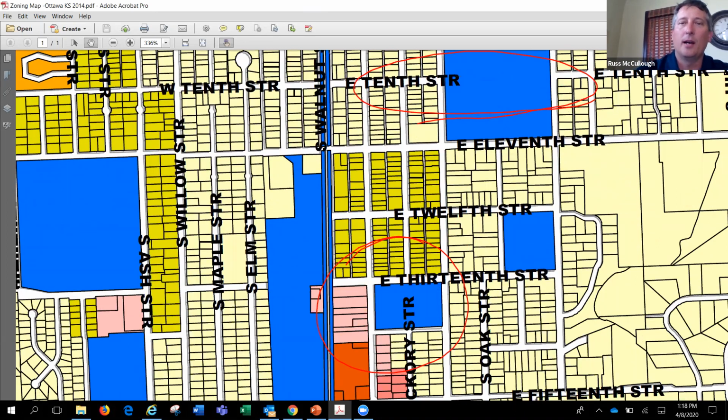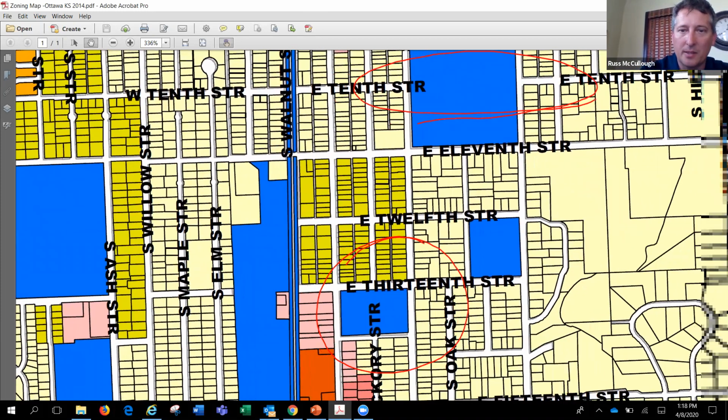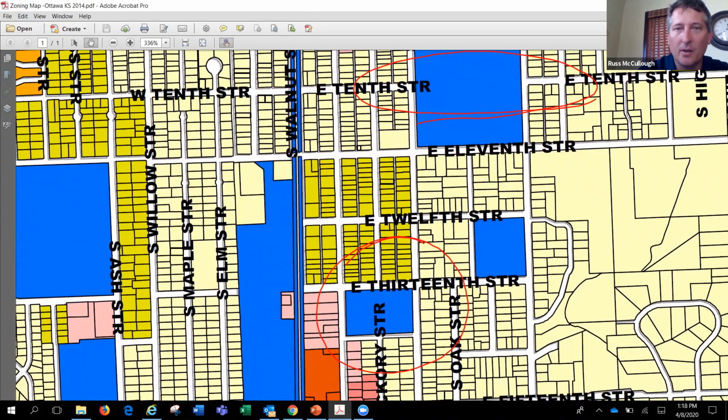My house is right here. I'll just put this right in the center. Let me do the drawing. There's my lot right there. If I chose to, I could possibly modify my house or bulldoze it down.